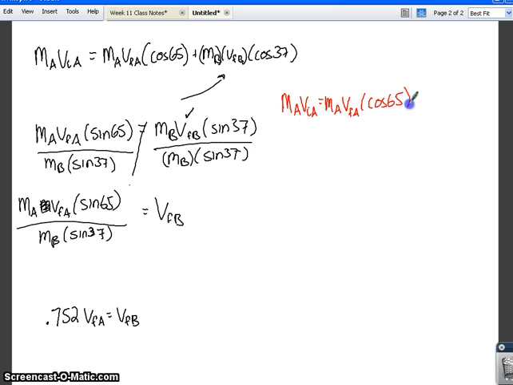Cosine 65 plus, I'm going to write it down here, mass of B times mass of A, velocity final A, sine 65, mass of B, sine 37, times the cosine of 37.